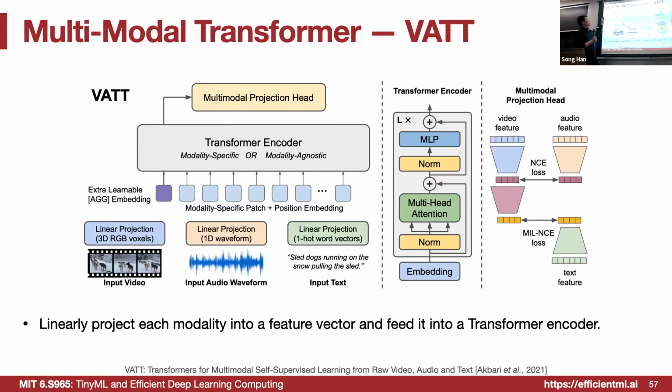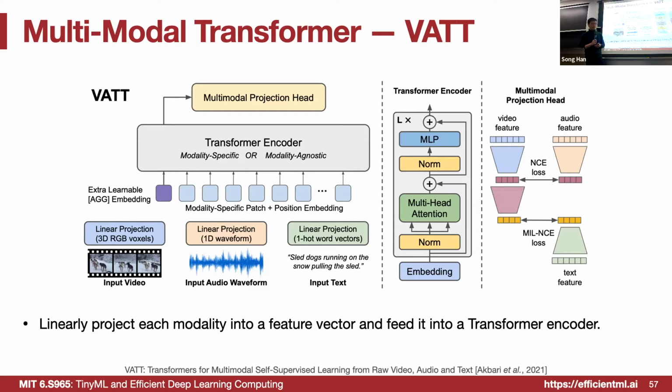And then we also have the multimodal transformer. Multimodal means we can feed in the video, the audio waveform, and also the text corresponding to the audio waveform, and try to learn the relationships. For example, a video and its corresponding waveform should have a closer relationship than the video and other waveforms not belonging to the same video.